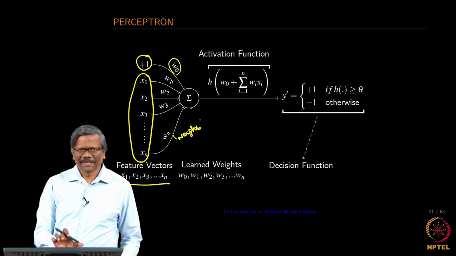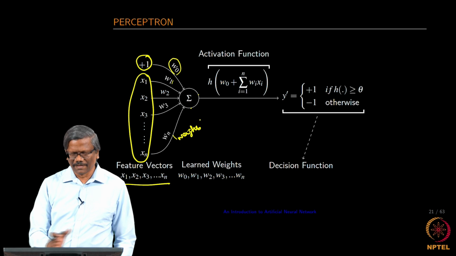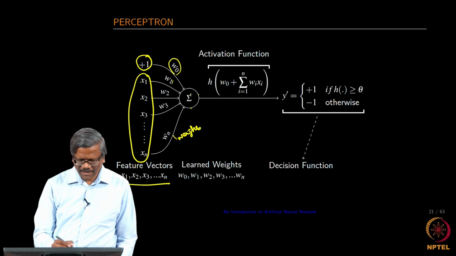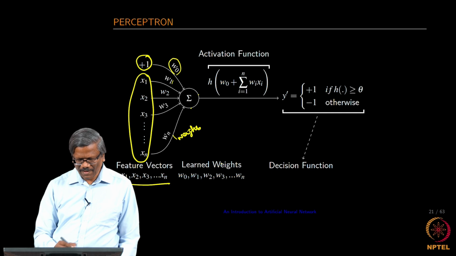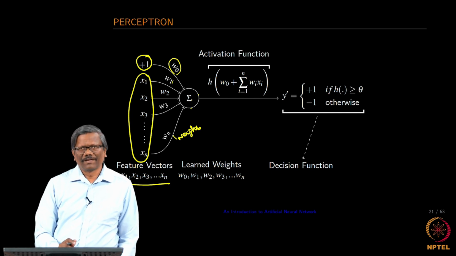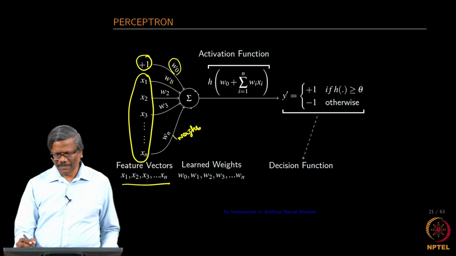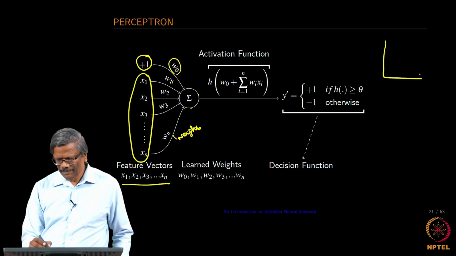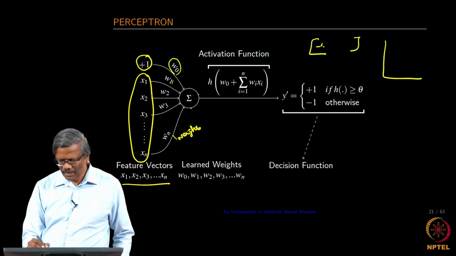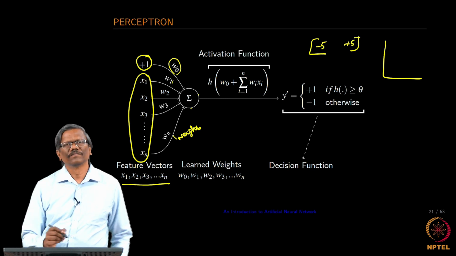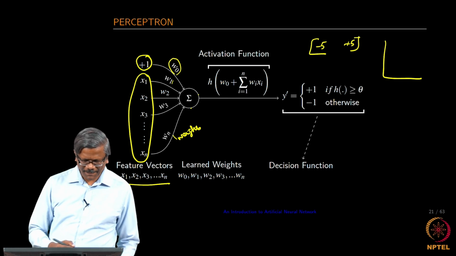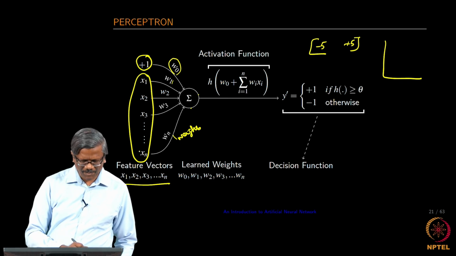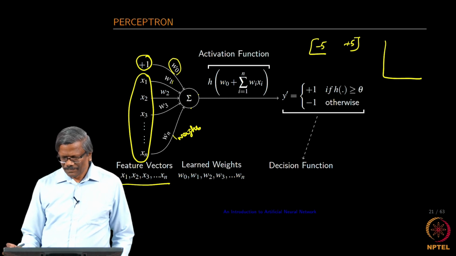For the sake of explanation, I have divided this into two spaces. One is the activation function. Once the values are received, they are linearly summed in this neuron, and then you obtain some value, for example between -5 and +5, depending on the weights connecting the input and the neuron.